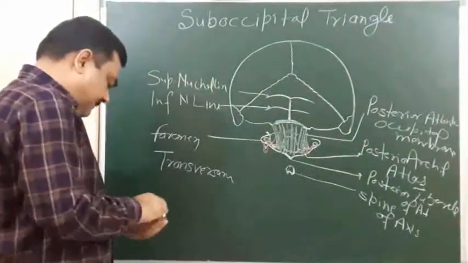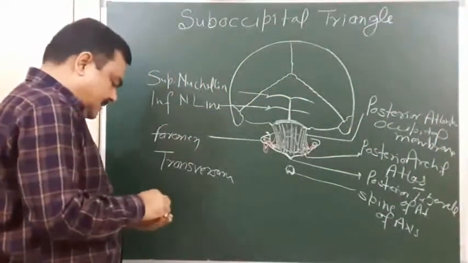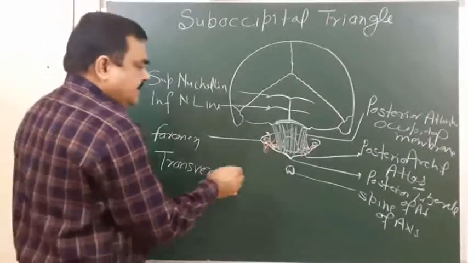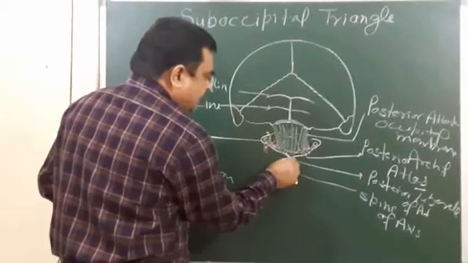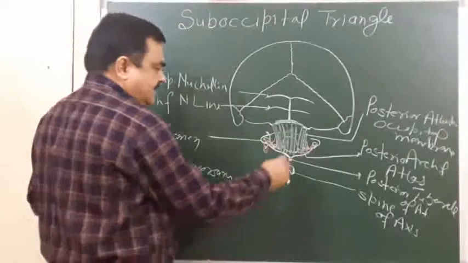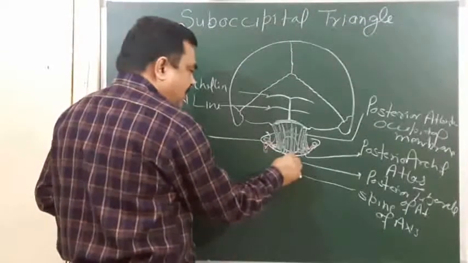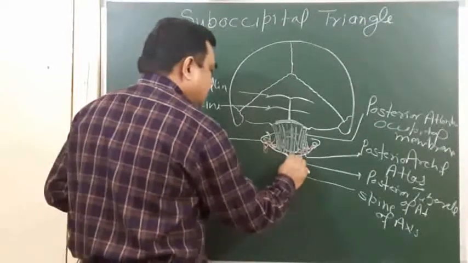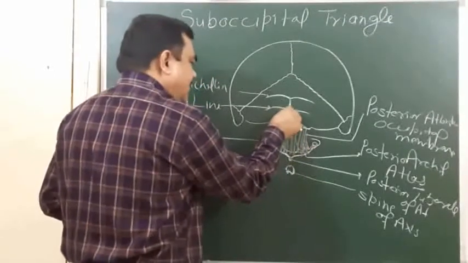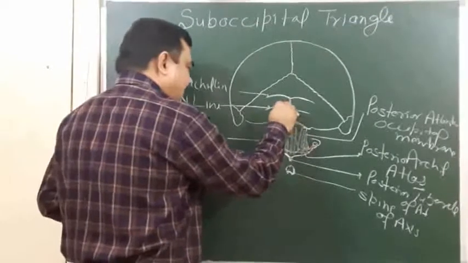And another structure: this is the posterior tubercle of the atlas. From this posterior tubercle, a muscle takes origin and is inserted here below the inferior nuchal line.